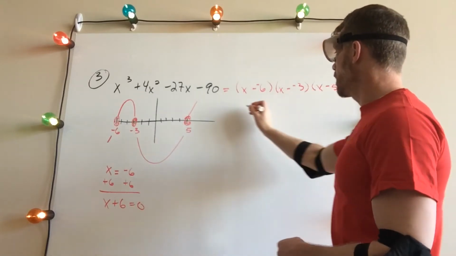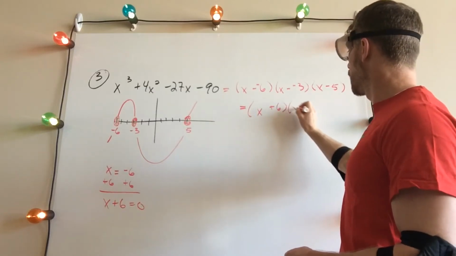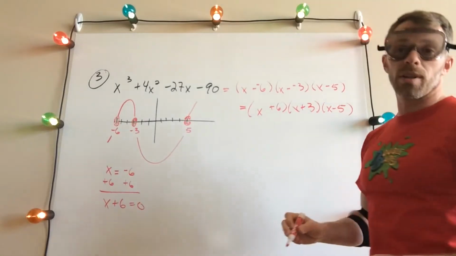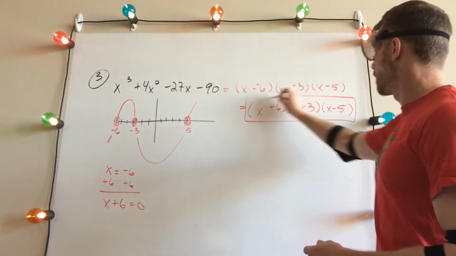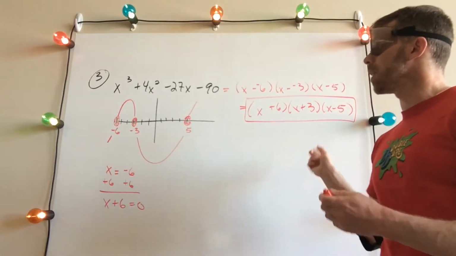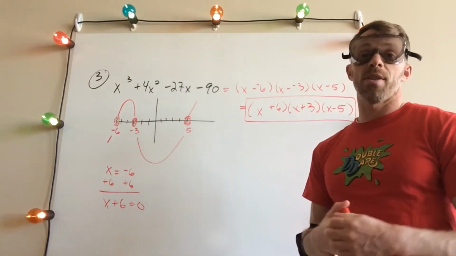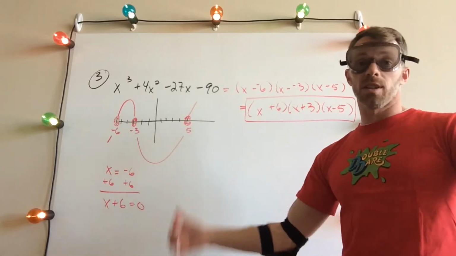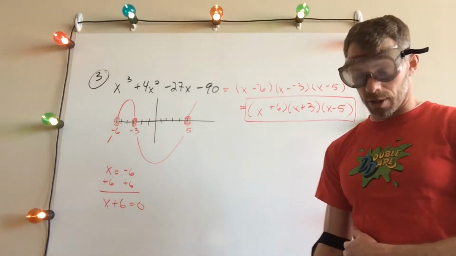Simplify, it becomes x plus 6, x plus 3, and x minus 5. All right, so we factored that with the aid of our graphing calculator. This is one that we would not be able to do by traditional methods by hand. We would have to do some other things that we're just not going to get into today, maybe in the future.